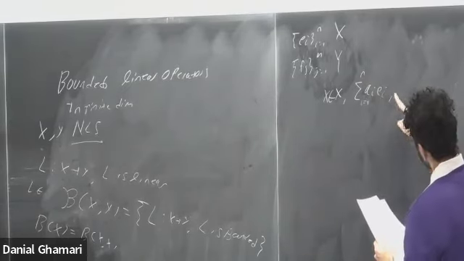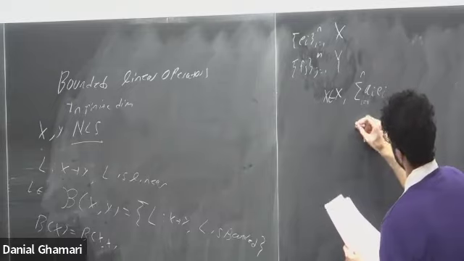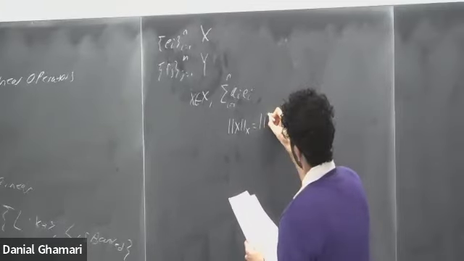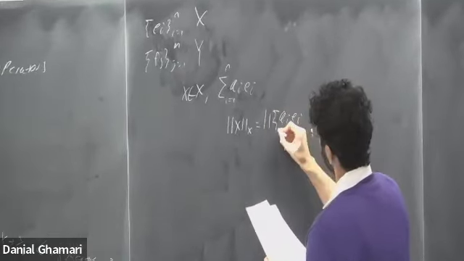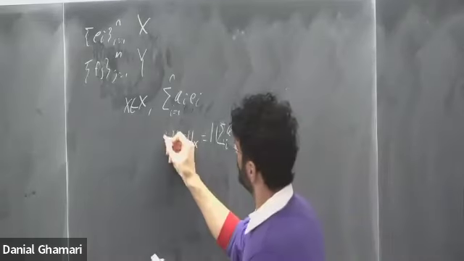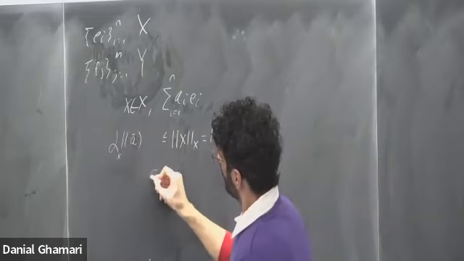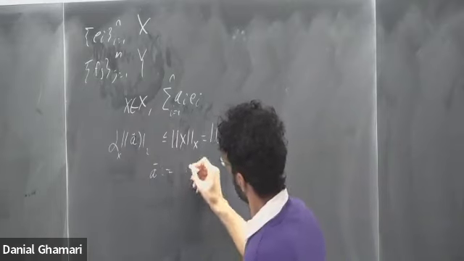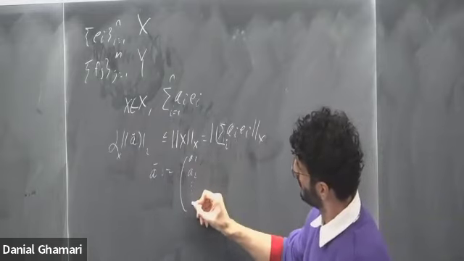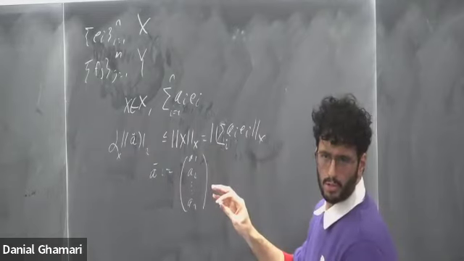And similarly, I can use the equivalence of norms, where we can say that the norm of x in X, which is the norm of this finite sum of a_i e_i, I can bound above or below by some alpha times the norm of this vector a, where a I define to be a column vector of these components here: a1, a2, up to an. So then this is, I'm sure you've seen this in real analysis.